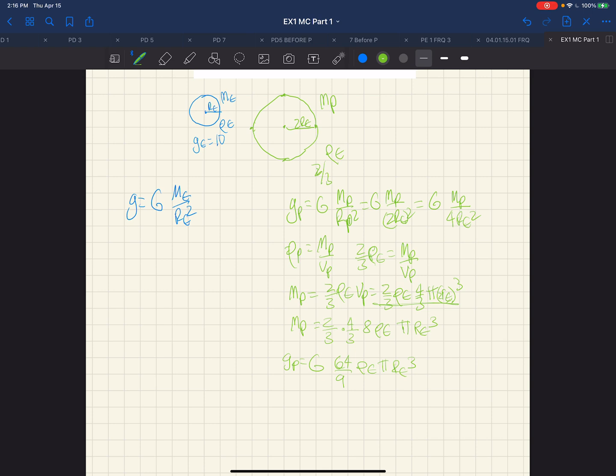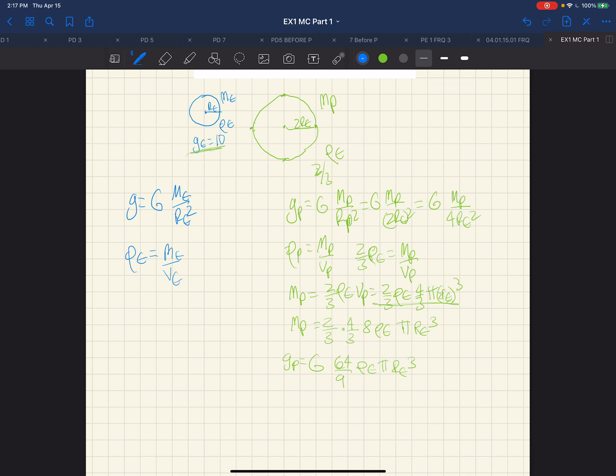We need to know how big it is in absolute terms. We need to get rid of the rho E's and pi's and so forth. And we know how big the g of the Earth is. We go back to the density. We know rho E is ME over VE.